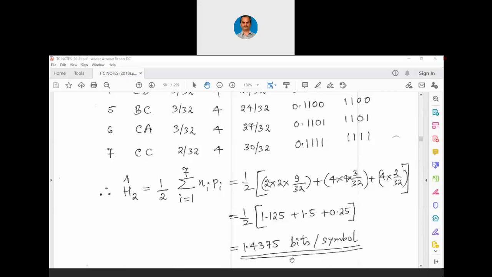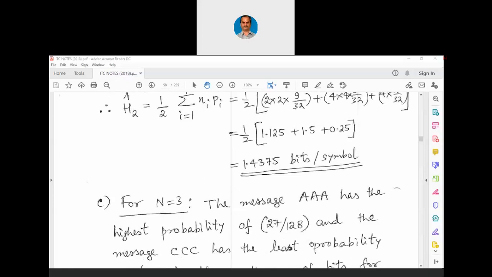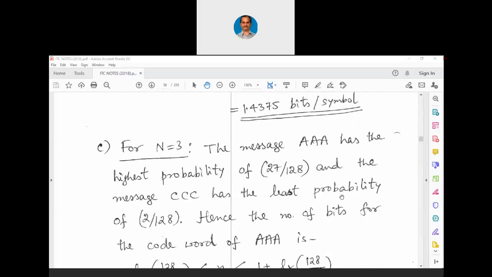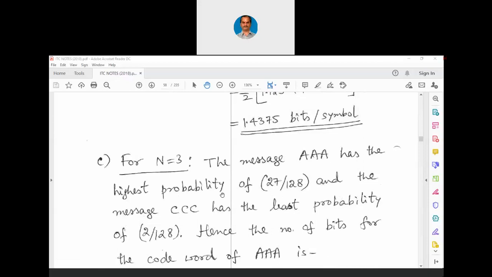Today morning I gave an example of the bus and the tempo traveler, the car for the family trip. Now recall the same example, you will understand this. Lastly, for n equals 3, the message AAA has the highest probability, that is 27 over 128, and the message CCC has the least probability of 2 over 128.